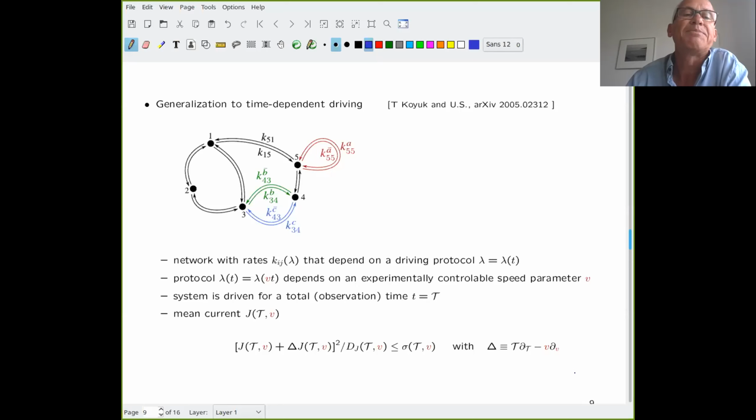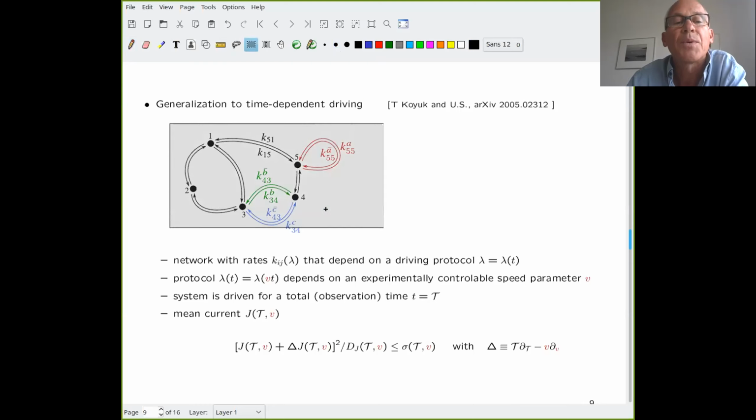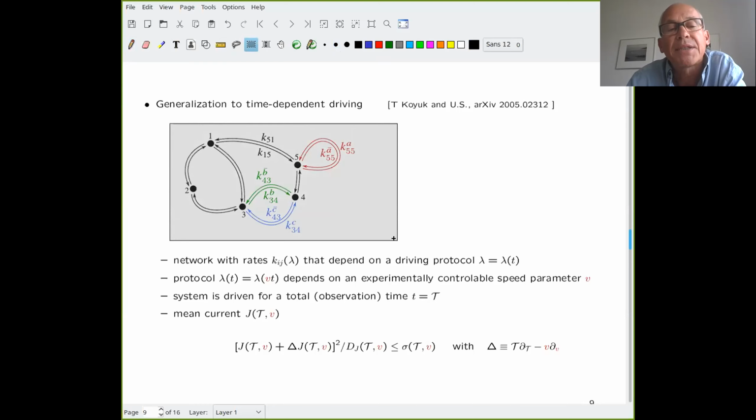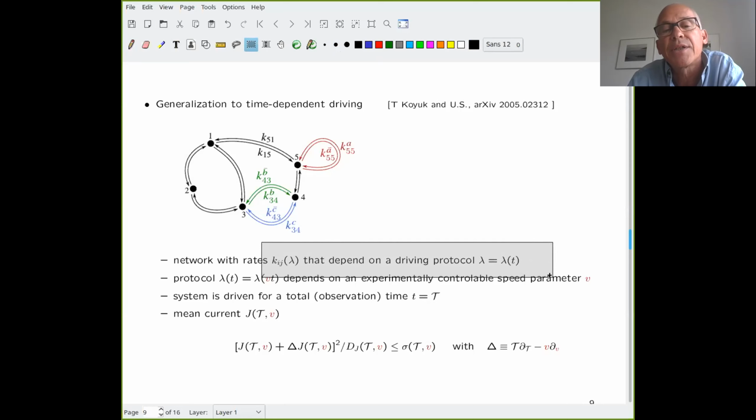So how does it work? We assume some Markov network with rates, but the rates are not constant. They rather depend on a driving protocol. So they depend on a control parameter lambda, and this lambda parameter has some functional dependence on time.